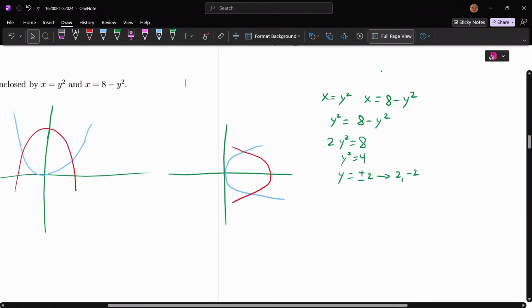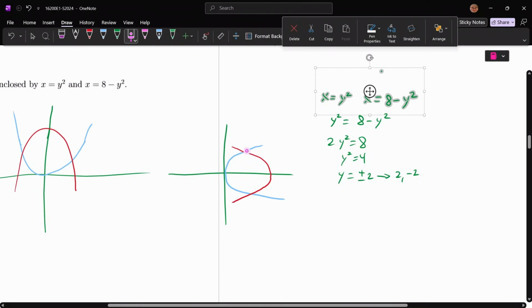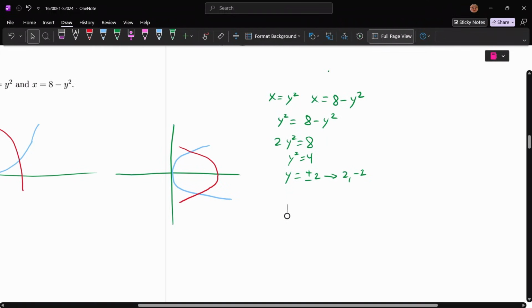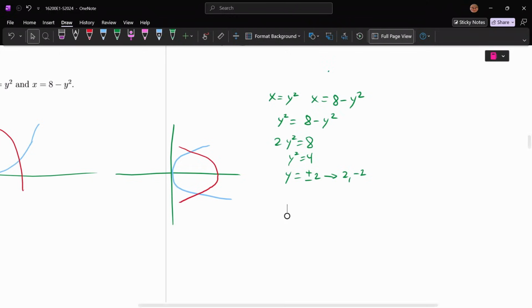But in this case, since we're looking at it sideways, you have to subtract the left function from the right function. So instead of up and down, it's going to be left and right. When integrating with respect to y, you subtract the left function from the right function. So keep that in mind. It probably doesn't feel as intuitive, but try to get comfortable with it because it'll save you time.